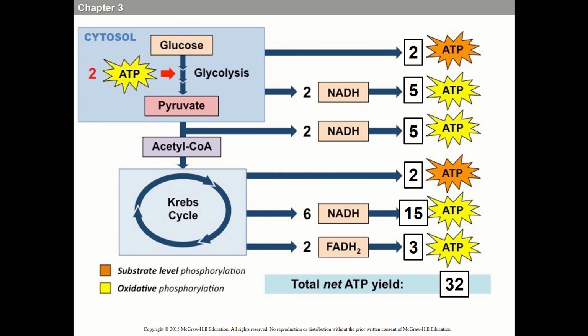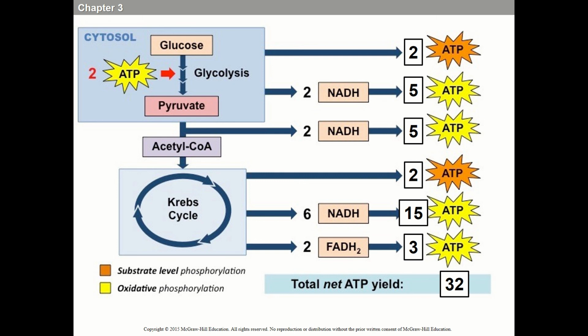So 2 ATP up top, from the NADHs, 2 of them, we get 5. And then 2 NADHs from the pyruvate dehydrogenase reaction. And then in the Krebs cycle, we get 2 ATP. It says GTP in your book, but truthfully, the more I read about it, it seems like GTP is made in the liver, but ATP is made in the Krebs cycle of muscle cells. But that's not a particular note that I care if y'all know about.